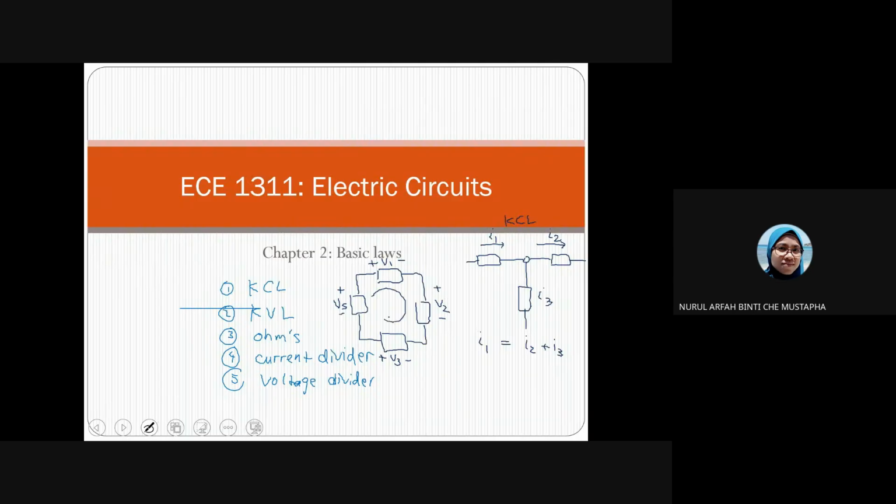Kirchhoff's voltage law says the sum of all voltages in those loops should be equal to 0. So the summation of all voltages should be equal to 0.